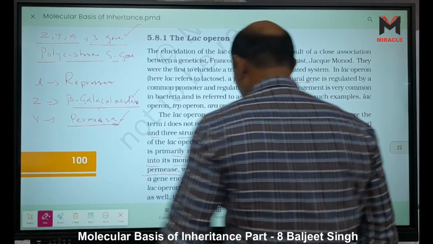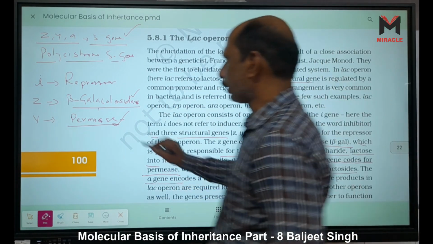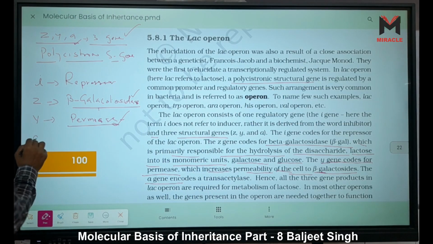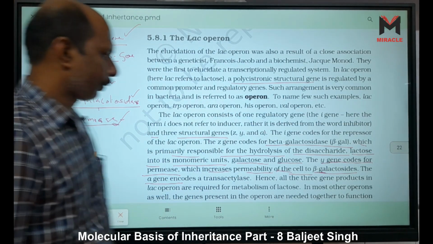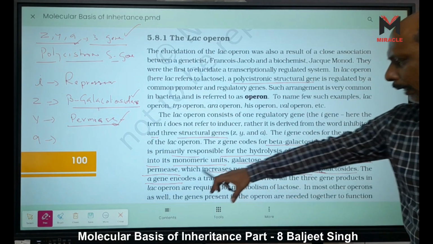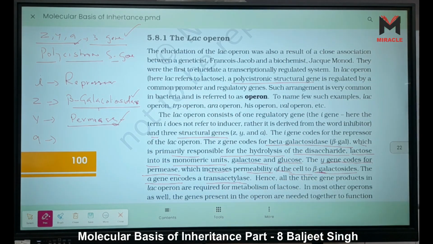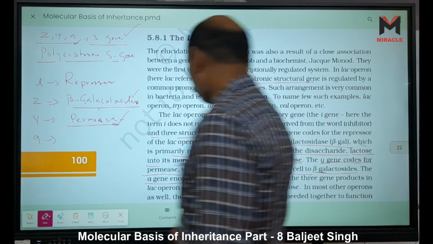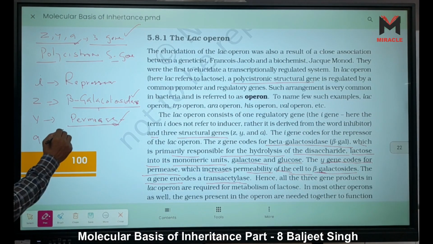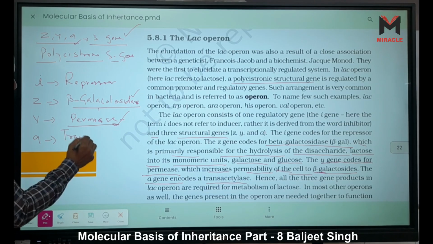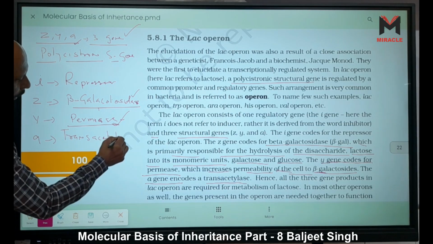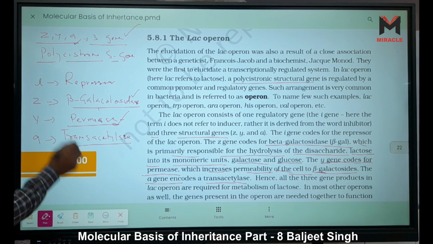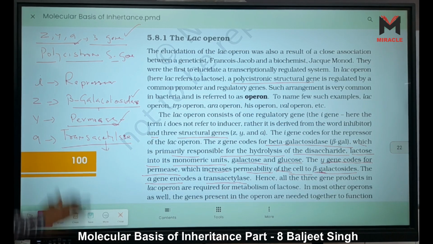Okay, the A gene, that is the last gene. A means acetyl. Here the A gene encodes the transacetylase. What is the function of this transacetylase? Here it is not given, but I tell you, trans means transfer.